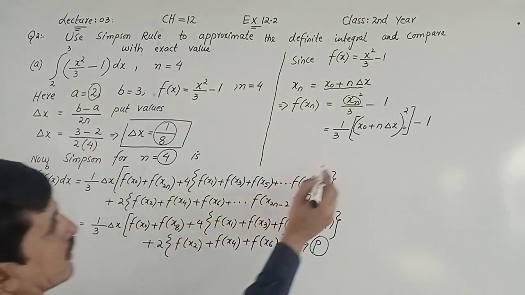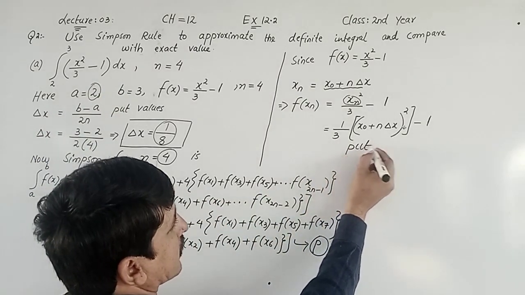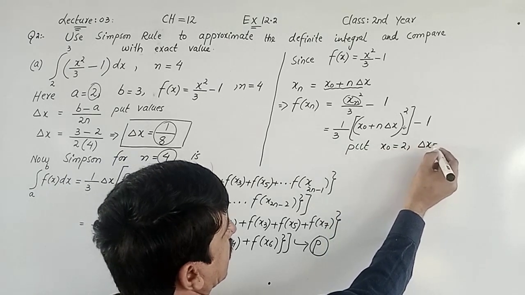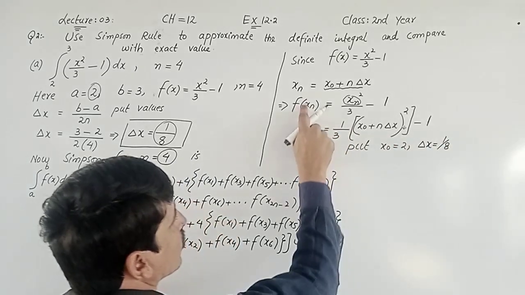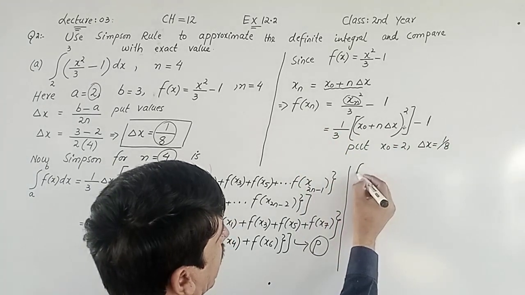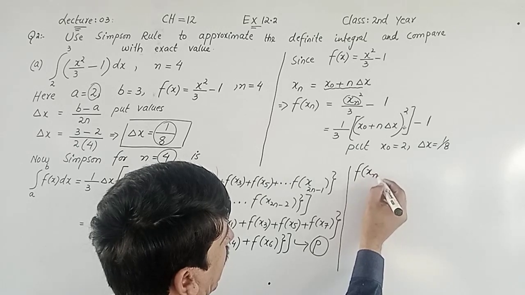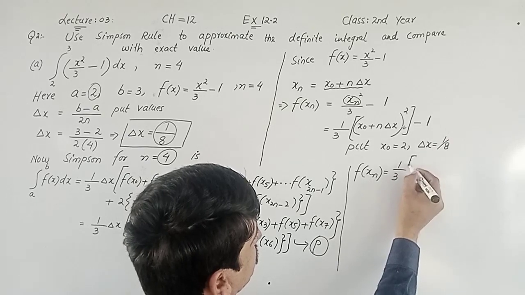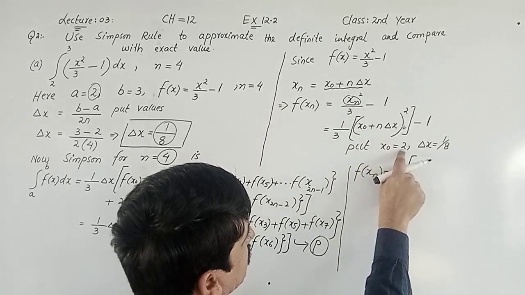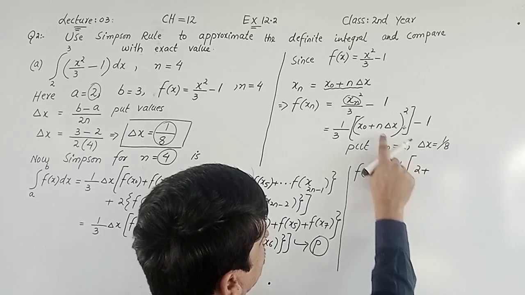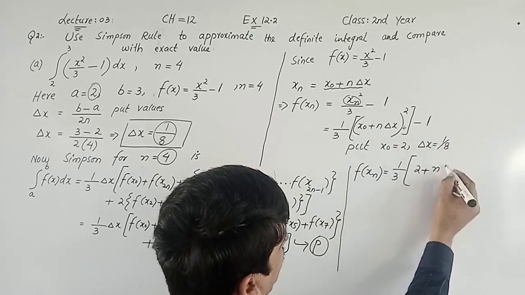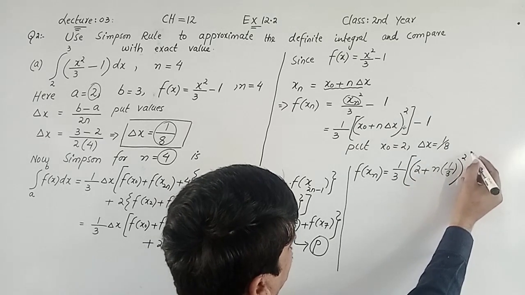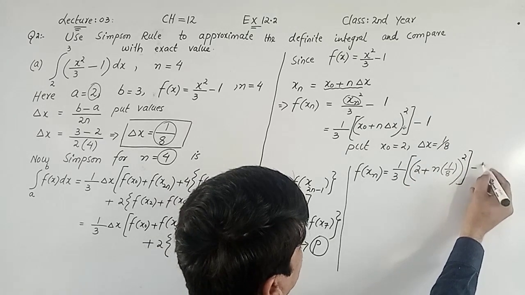So put x naught is equal to 2 and delta x is equal to 1 divided by 8. तो ये हमारे पास आ जाएगा f of xn is equal to 1 divided by 3 (x naught which is 2 plus n times 1 divided by 8) whole square minus 1.